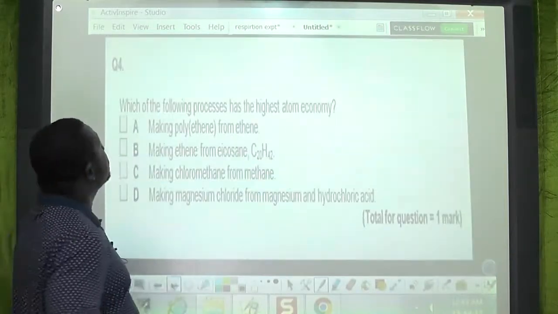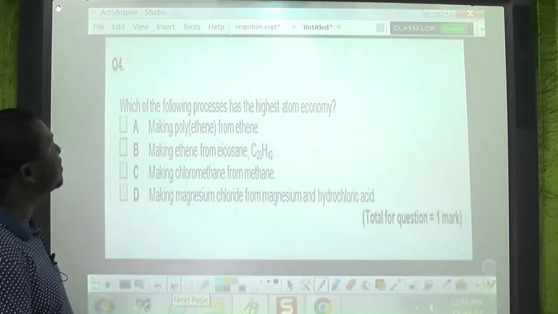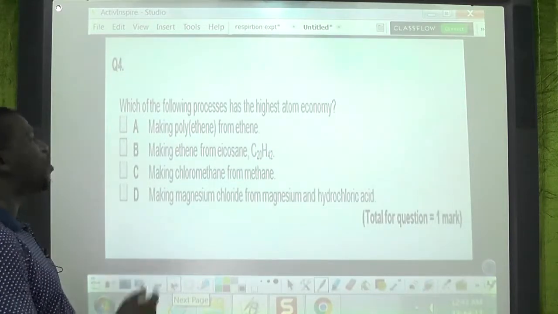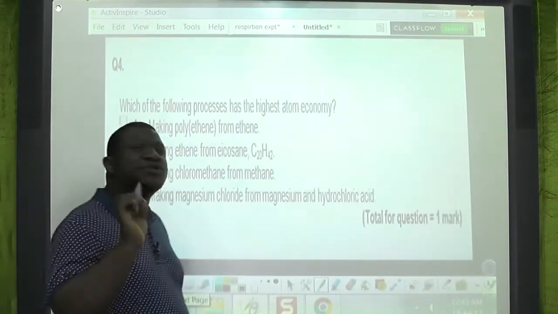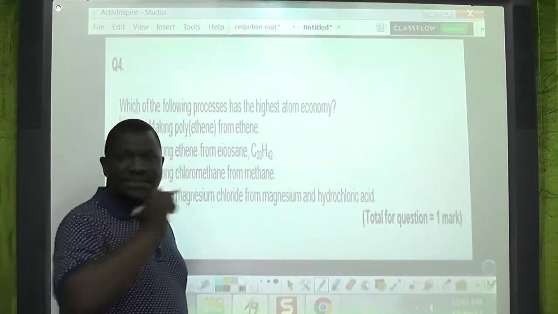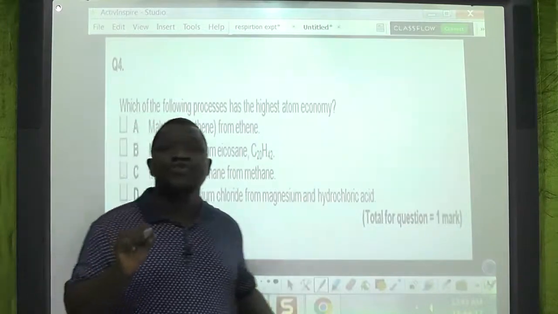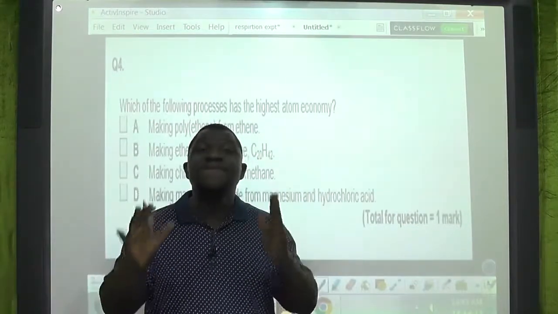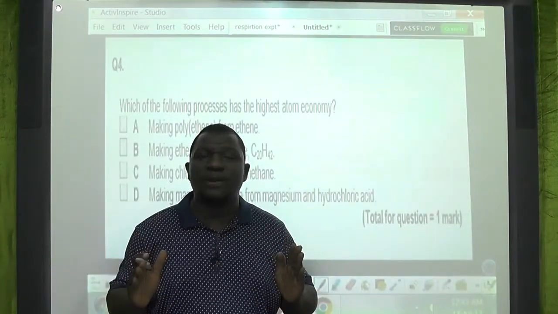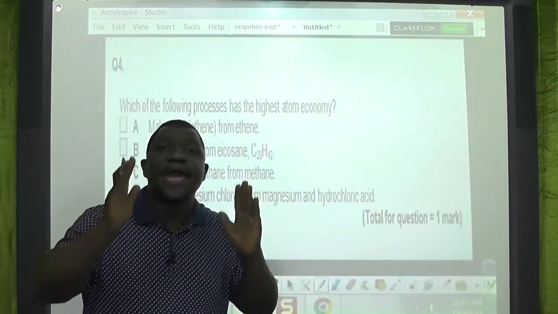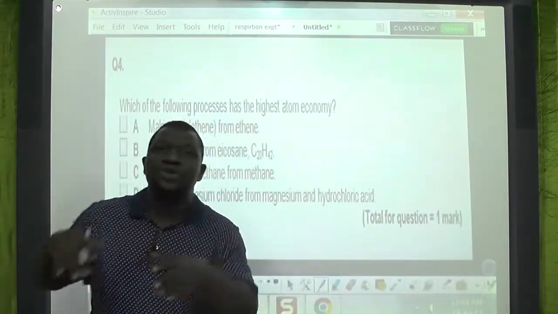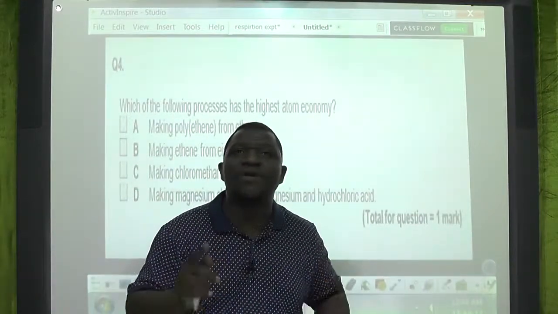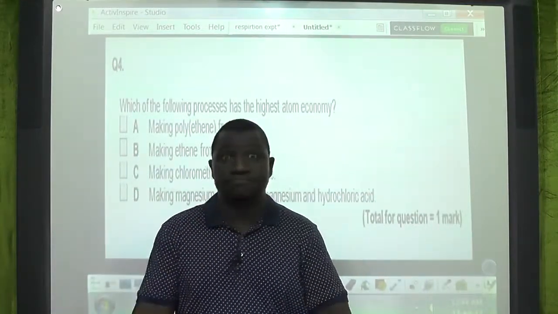Let's go. Now we move to the fourth one. Which of the following processes has the highest atom economy? One thing I told you in my video about atom economy is, if you want to get the highest atom economy, choose a pathway, choose an equation, choose a chemical reaction that will give you only the desired product.